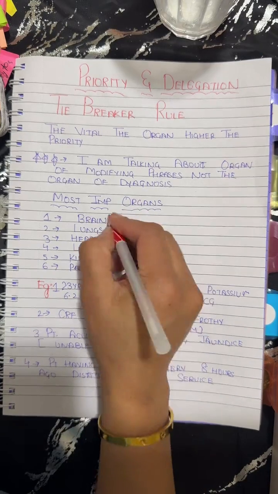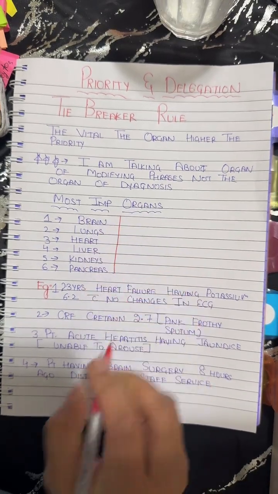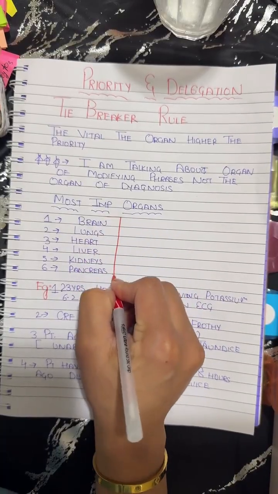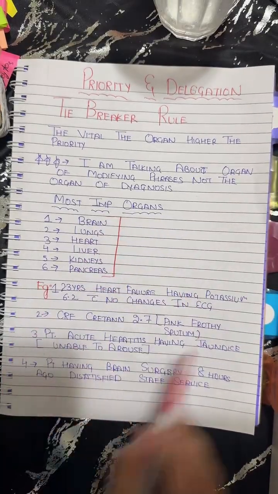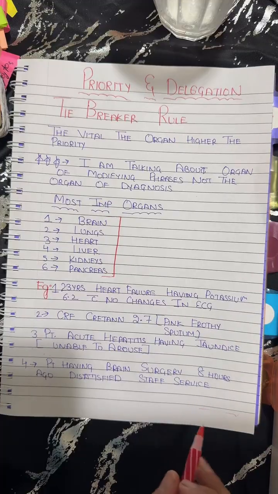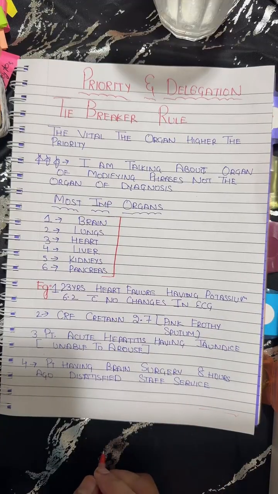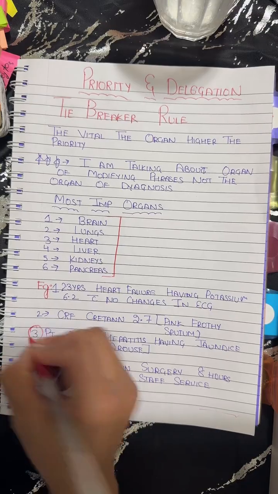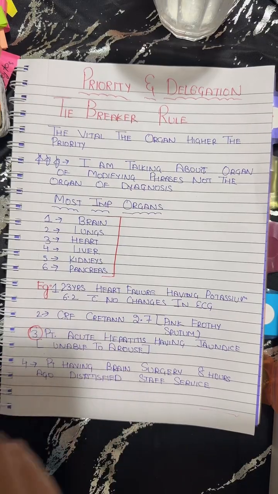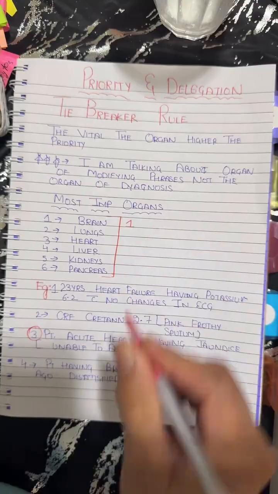Okay, follow the rule and look where brain is affected. Which question is related to brain? Not arouse. So the right answer is number 3. Why? Because brain is number 1.